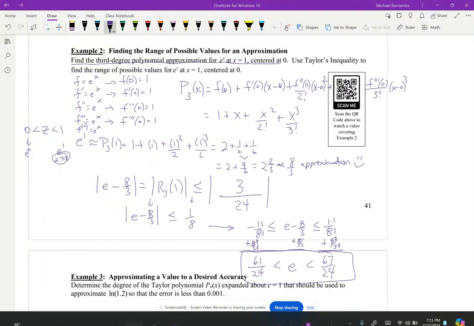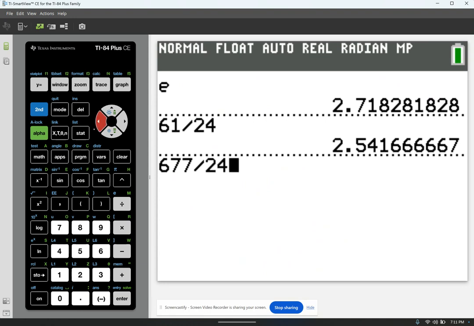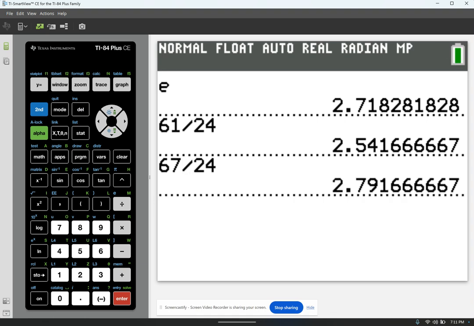Yep, 67/24. Oh, not 677, 67. And it is. So this was my range. So the actual answer, which is this, I was predicting was going to be between these two things according to my approximation, and it is.